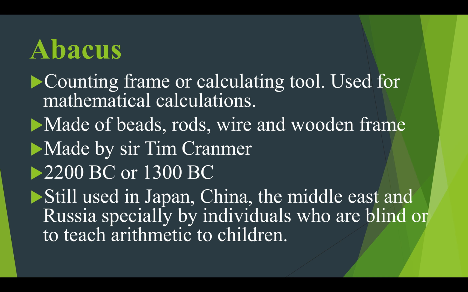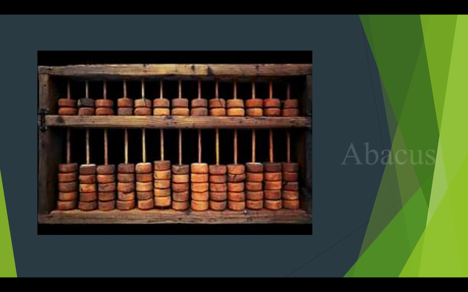BC stands for before Christ. Nowadays it is still used in Japan, China, the Middle East, Russia, especially by individuals who are blind or to teach arithmetic to children. See abacus pictures here.